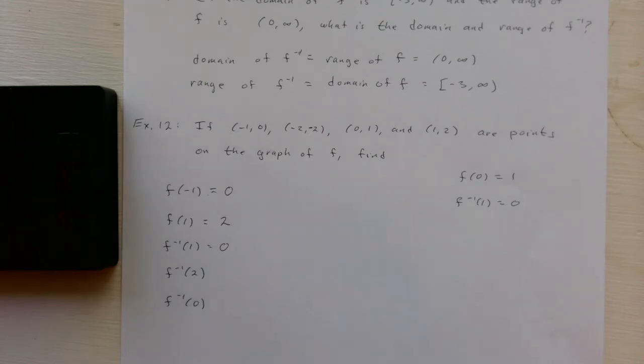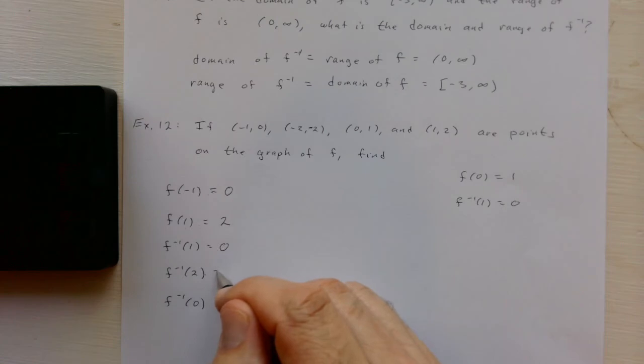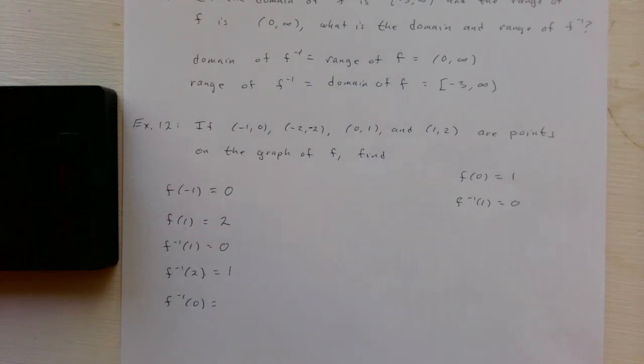F inverse of 2, well, we can get from here. F of 1 equals 2, so f inverse of 2 is 1. And what's f inverse of 0? We'll back up here. F of negative 1 equals 0, so f inverse of 0 has to be negative 1.